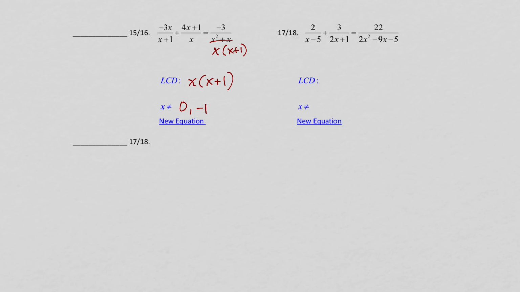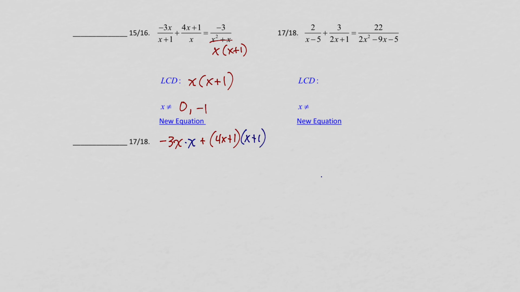Now, I'm going to take the numerator and multiply by what's missing from the denominator. So I'm going to take my negative 3x and multiply that by what's missing from the denominator, this x. And then I'm going to have plus my numerator, 4x plus 1, and I'm going to multiply that by what's missing from my denominator, which is x plus 1.